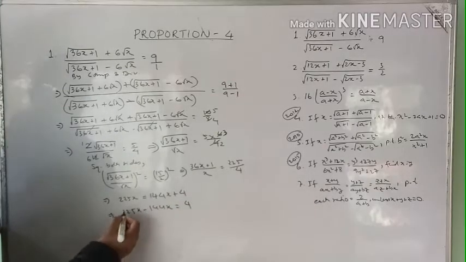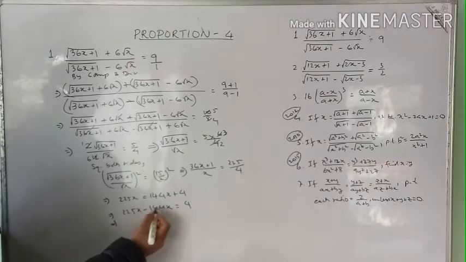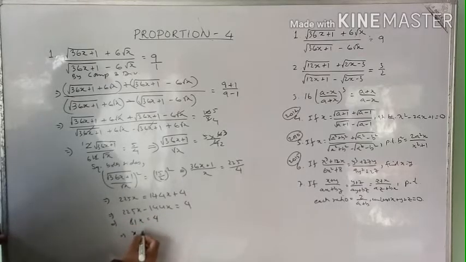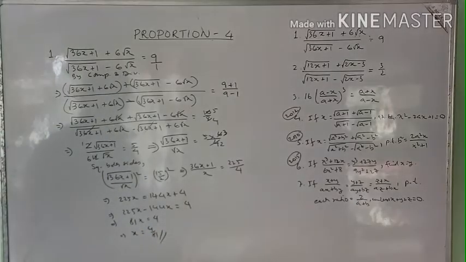Subtracting, we get 81x equal to 4. This implies x equals 4 by 81. This is your answer.